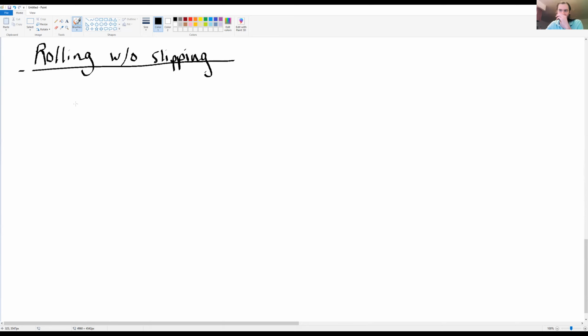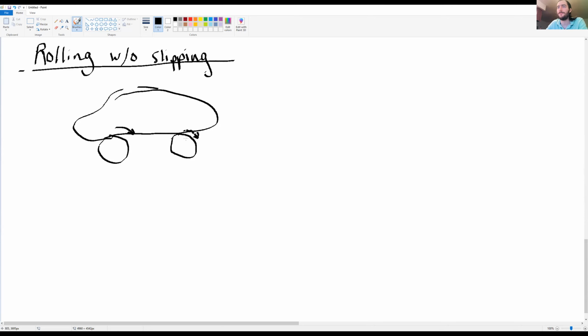Rolling without slipping means that if you're on a bicycle, let's see if we can get a decent looking picture here. Let's just ignore what's going on over here. Maybe it's a car instead of a bicycle, since it's easier to draw.